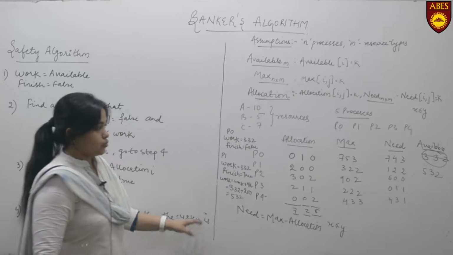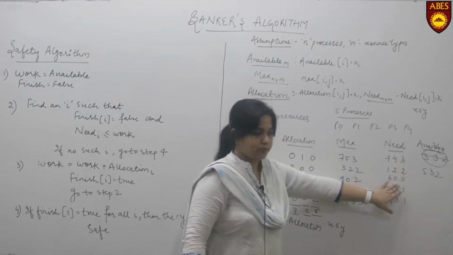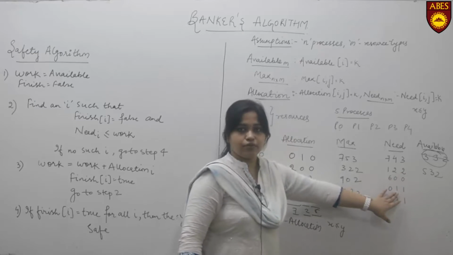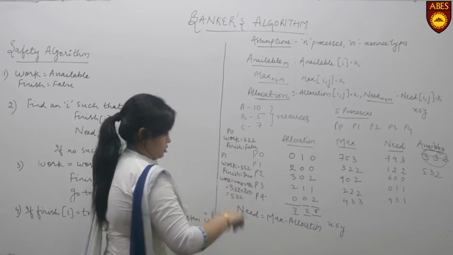Clear? Next we are taking that 5 3 2 cannot serve the condition of 6 0 0. Then 5 3 2 can serve the 0 1 1.